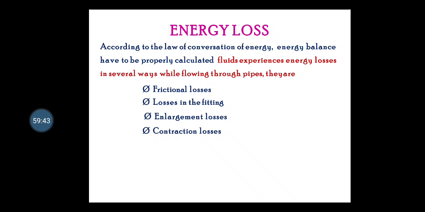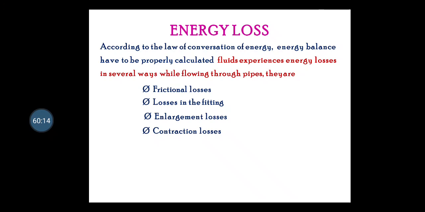Next is losses in the fittings. The Fanning equation is applicable when the fluid is passing through a straight pipe. When there are disturbances in the flow due to a change in direction or due to various types of fittings, there will be additional energy loss due to the added turbulence.